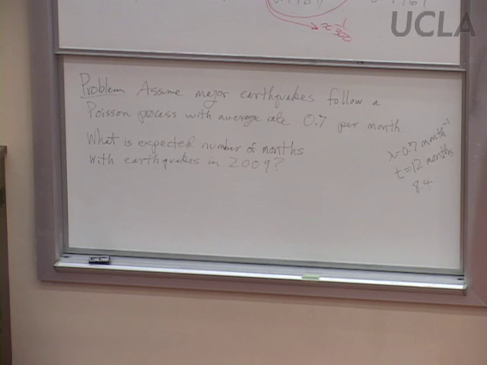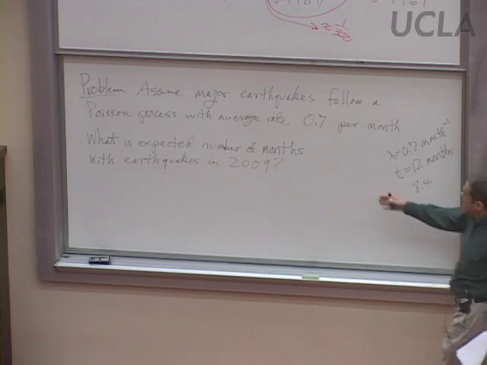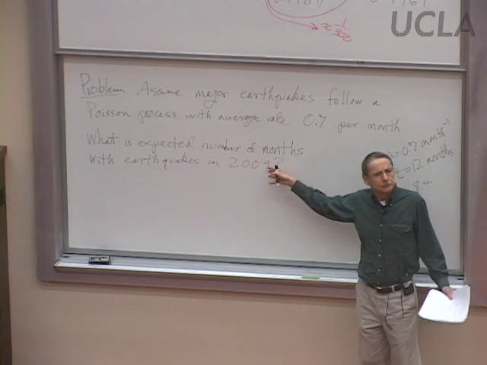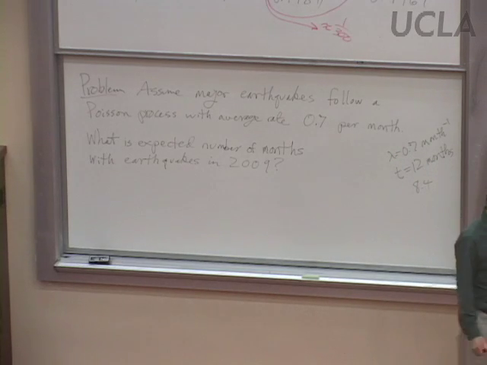And, well, let's look and see what the expected number of months is. And to keep our lives simple, we'll assume that all 12 months have the same length. Now, we know that's not quite right, but they're about the same length.